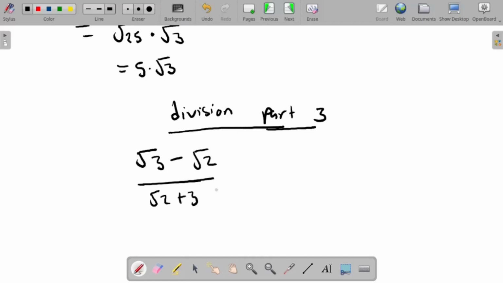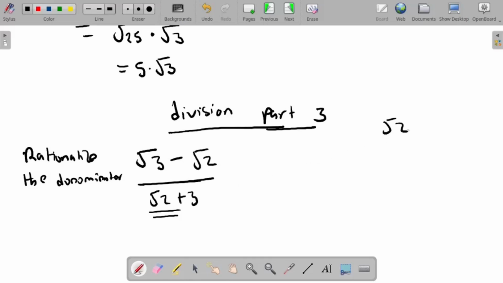When you look at these two, they ask you a question to say, rationalize the denominator. So what you do is you look at the denominator and find the conjugate of the denominator.